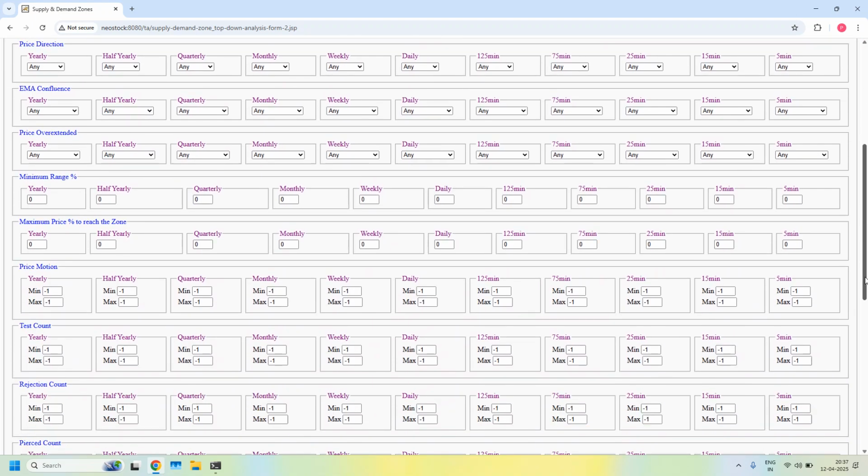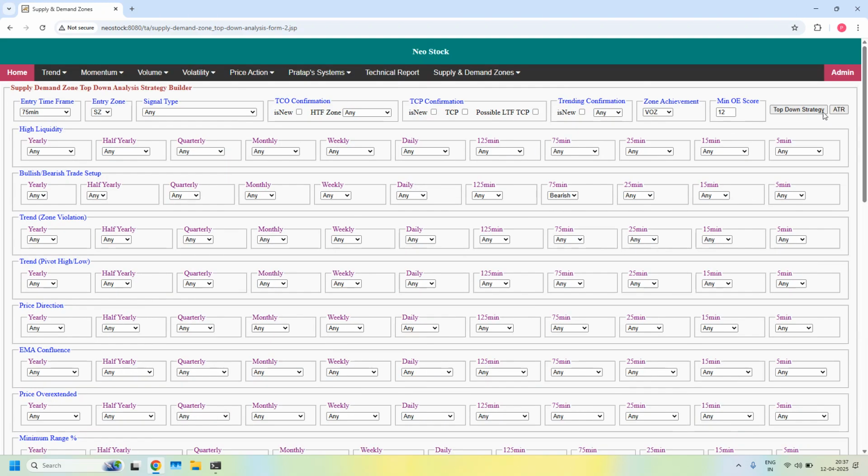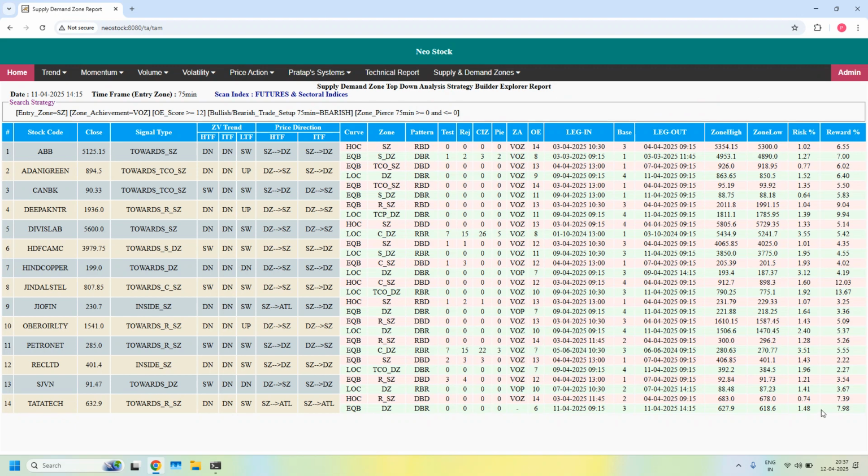So in the pierced count, at 75 minutes time frame, I am setting minimum value 0 and maximum value 0. So with these filters, we got 14 stocks.